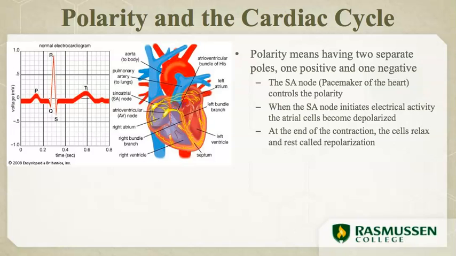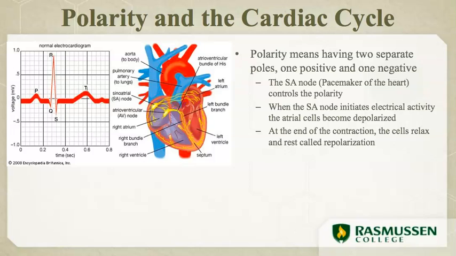The electrical impulse travels from the atria to the ventricles, and those cells depolarize. As the cells depolarize in the atria and the ventricles, they contract, and blood is pushed out of the heart into the circulatory system. At the end of the contraction, the myocardium will relax and rest, which is known as repolarization.